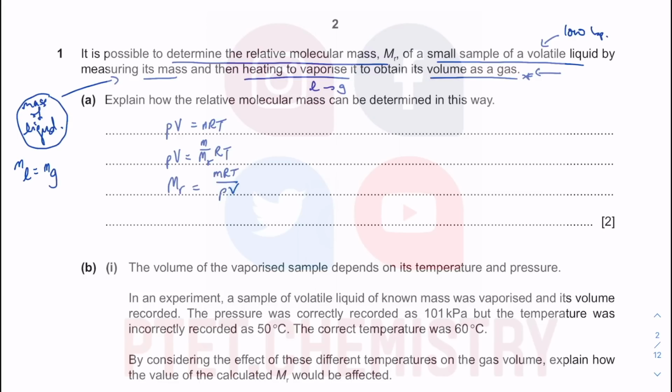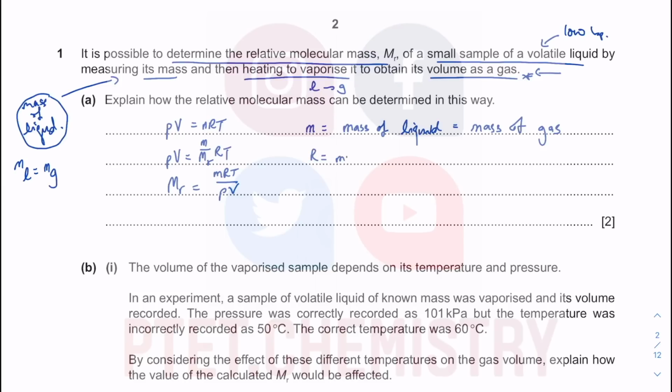An equation doesn't mean anything unless you specify the definitions, their meaning. So m equals the mass of the liquid, which is equal to the mass of the gas, because you do not lose any mass when you convert from liquid to gas, because there's just boiling or vaporization. You do not lose any mass at all. Okay, it's a physical change.